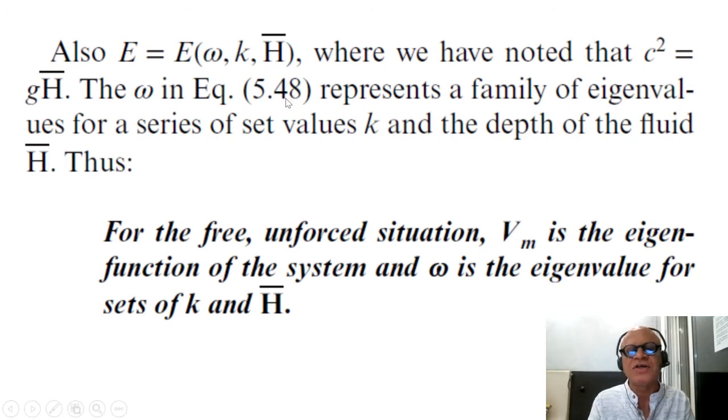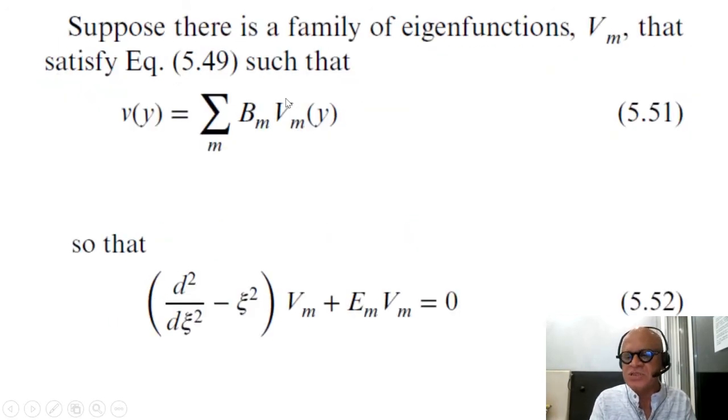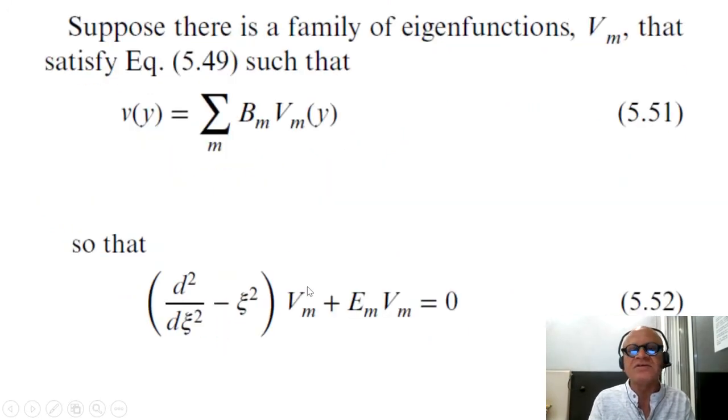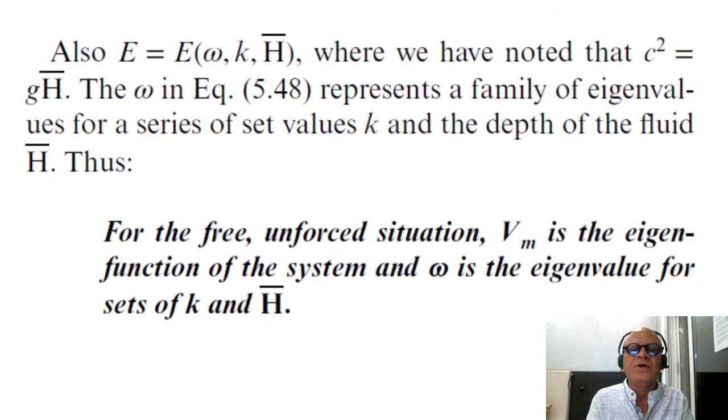In this equation, omega represents a family of eigenvalues for a series of set values of k and the depth of the fluid h bar. So for the free unforced situation, Vm is the eigenfunction of the system, and omega is the eigenvalue for sets of k and h bar.